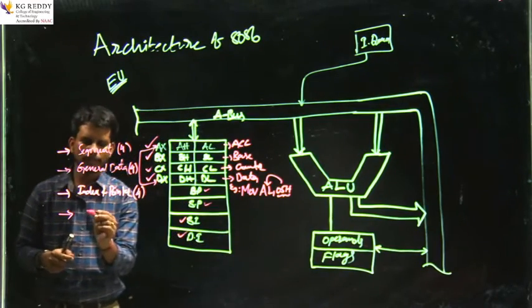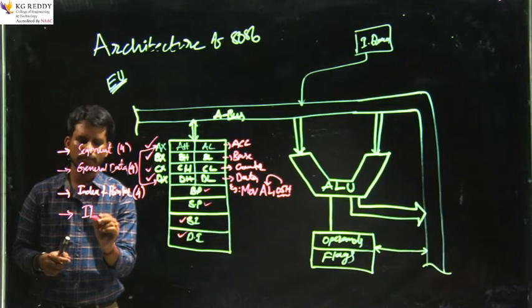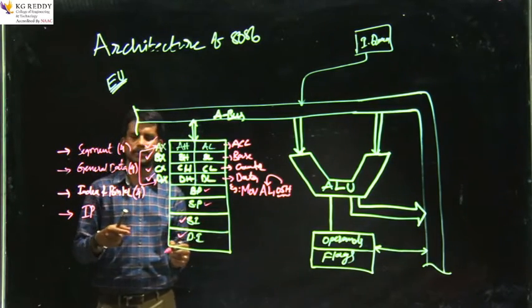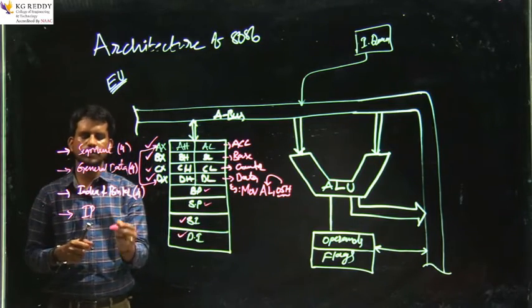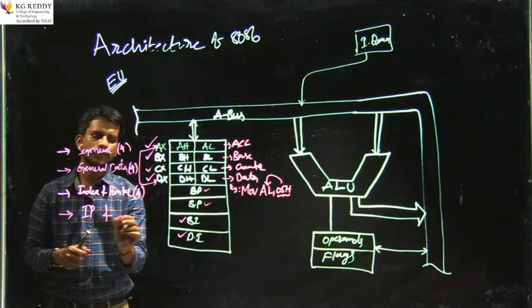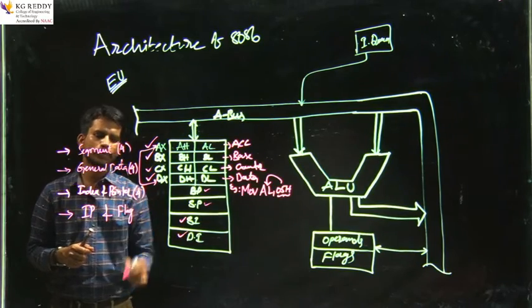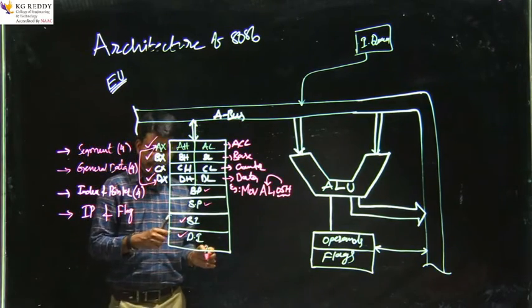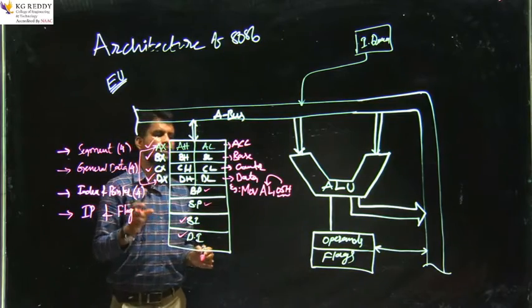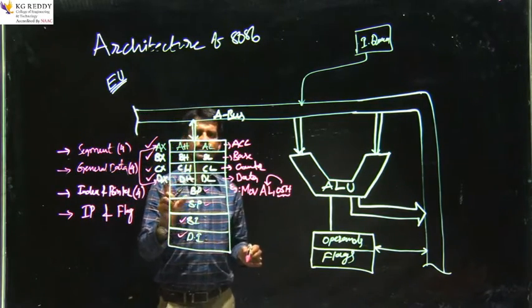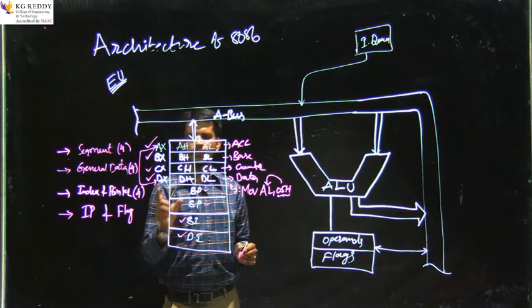One is IP, the instruction pointer, which is used to store the address of the next instruction to be executed. And the last one is the flag register. A very important register. This flag register is a 16-bit register, even though only 9 of the 16 flags are used.